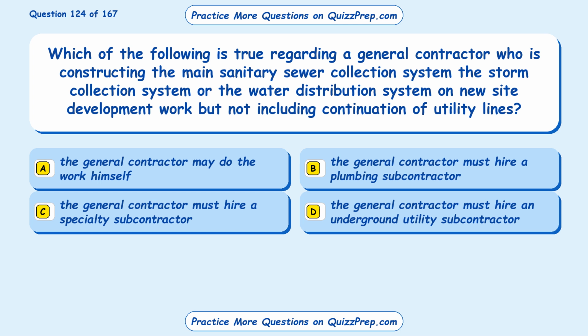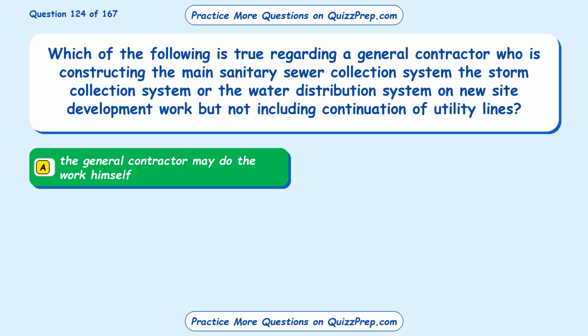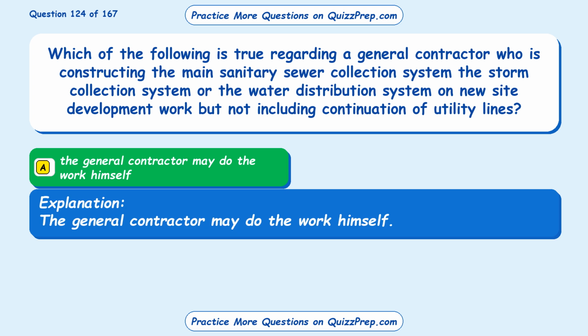Option B, the general contractor must hire a plumbing subcontractor. Option C, the general contractor must hire a specialty subcontractor. Option D, the general contractor must hire an underground utility subcontractor. The correct answer is option A, the general contractor may do the work himself.